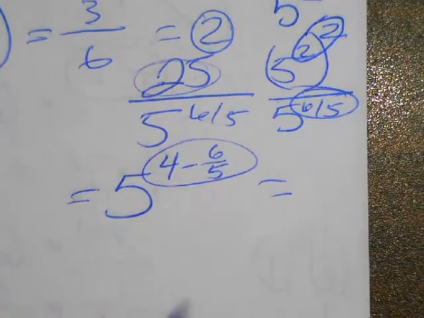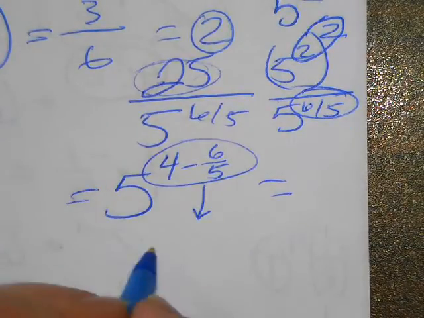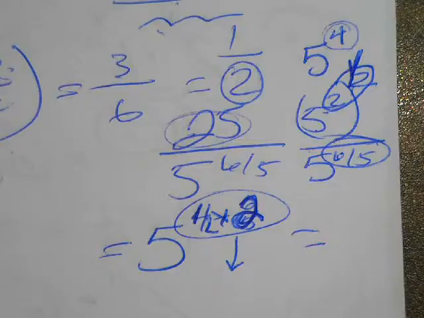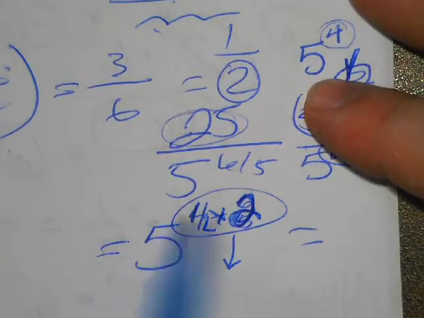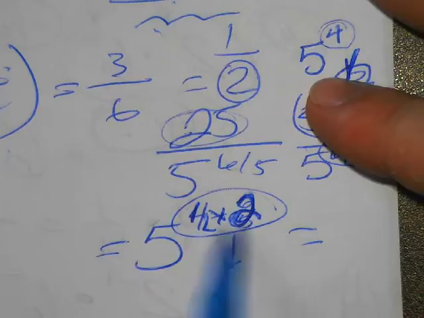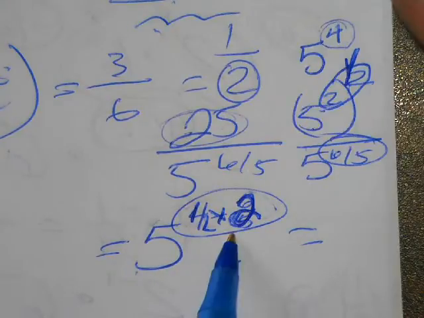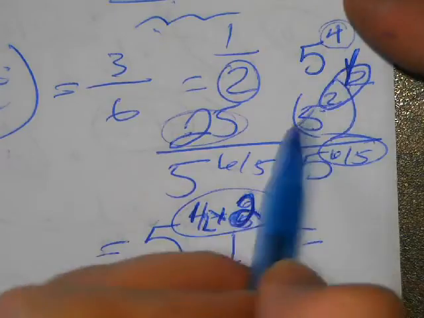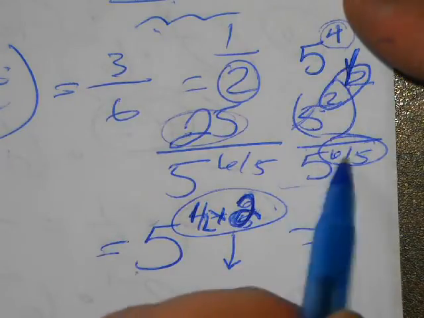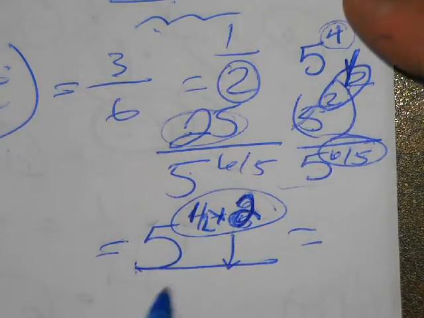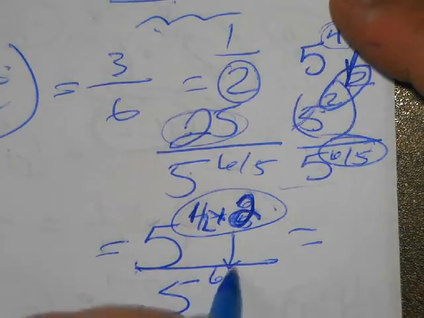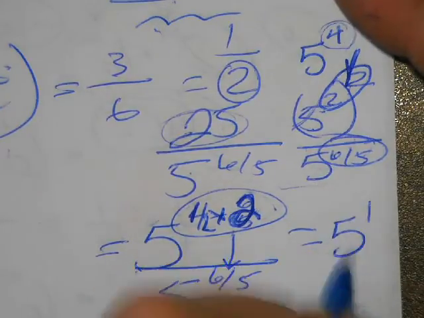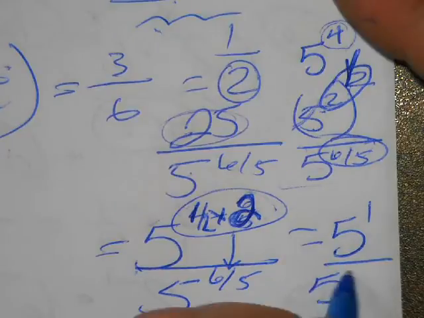I'm going to just look at this exponent first. So when we multiply 2 times 1/2, we get 1. This is 5 to the 1st power on the top. On the bottom, remember we still have 5 to the 6/5. So 5 to the 1st power divided by 5 to the 6/5 power.